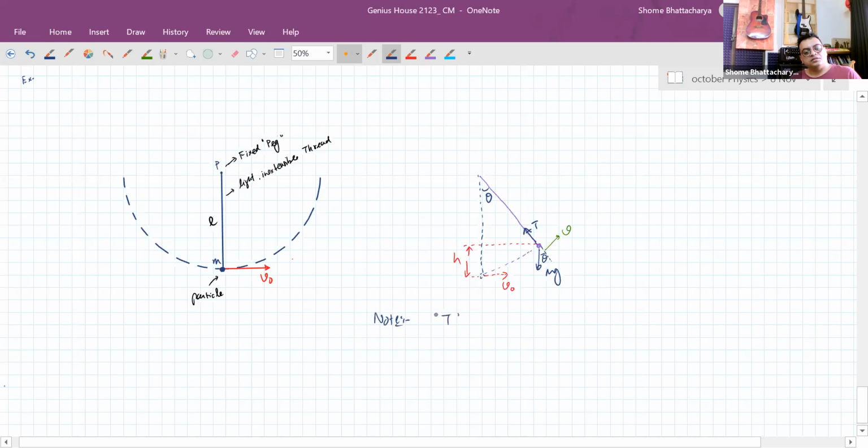So tension is perpendicular to the instantaneous velocity at all points, because tension acts radially inwards and velocity is tangential to the circle.